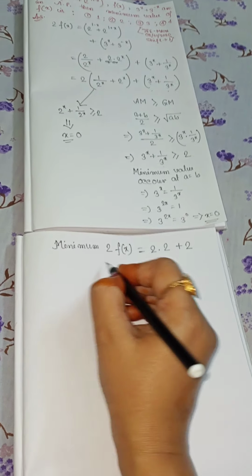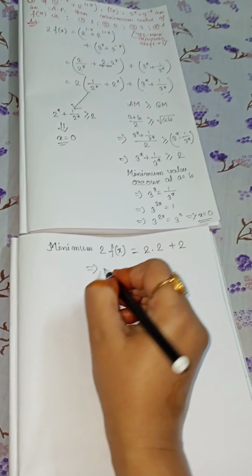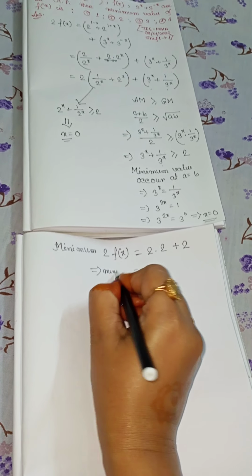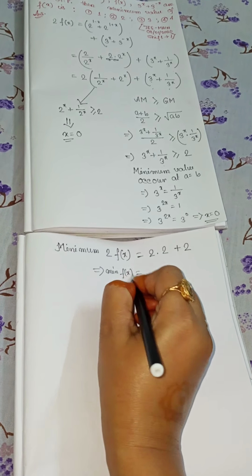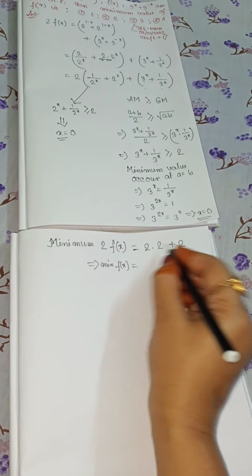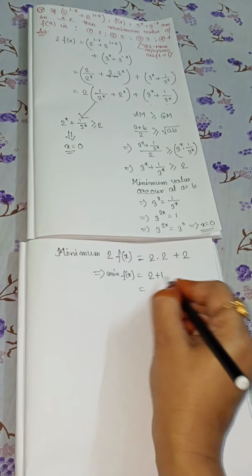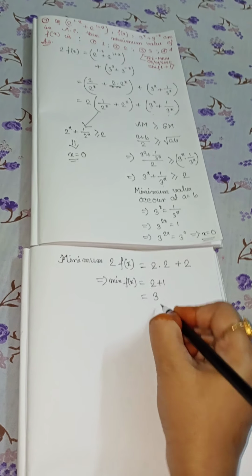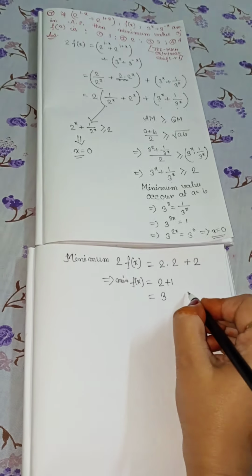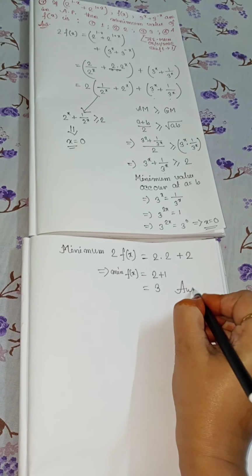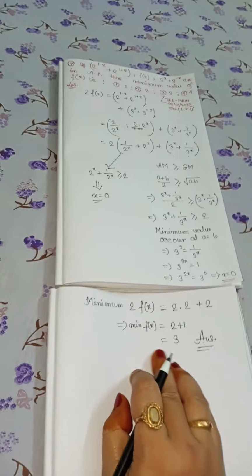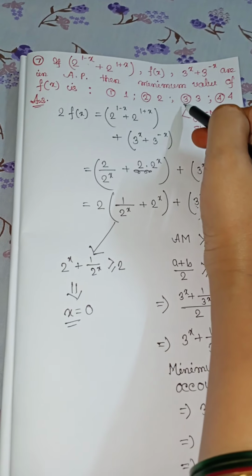Now eliminating 2 from both sides, we get minimum f(x) is equal to 2 plus 1, which becomes 3, and this is our required answer. So minimum f(x) is equal to 3, and our option is option 3.